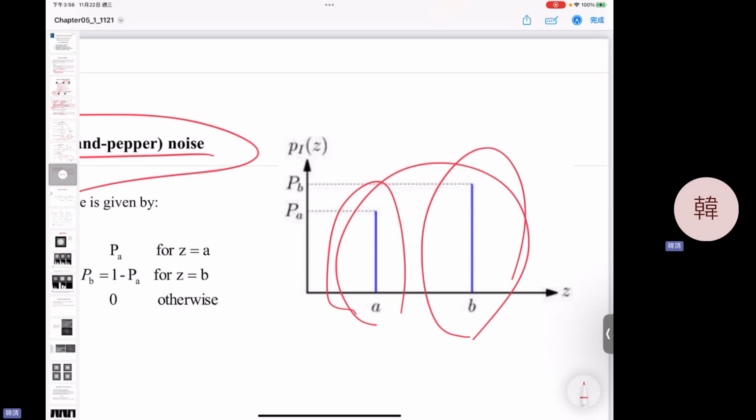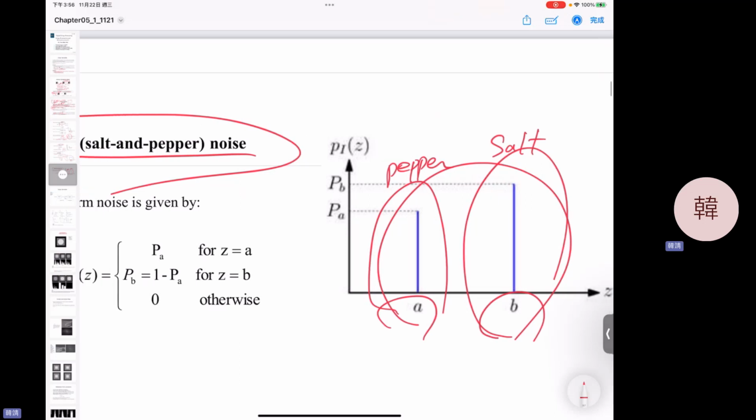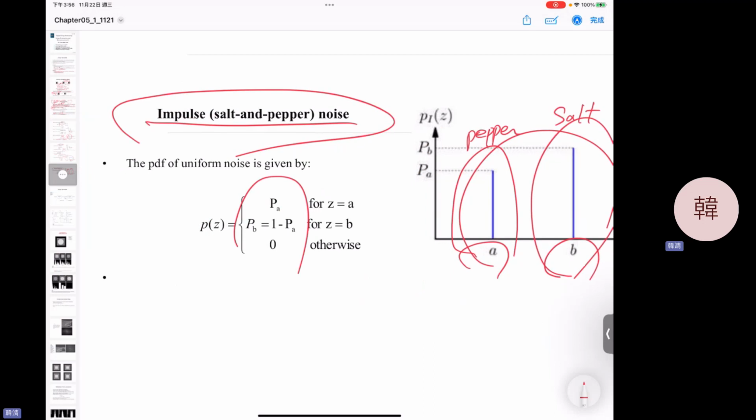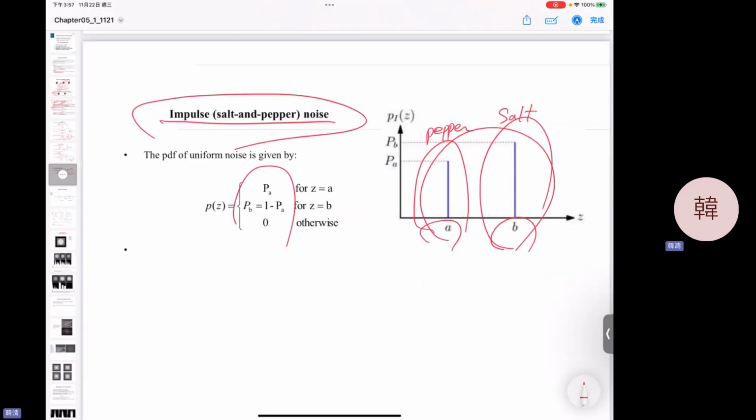It depends on the distribution of your white spots, the salt noise, and the black spots, the pepper noise. We always say salt and pepper noise. They are located in different ranges in your image, and their probabilities should add up to 1. So it depends on your distribution of the salt and pepper.